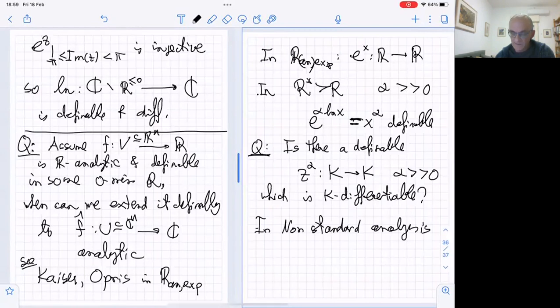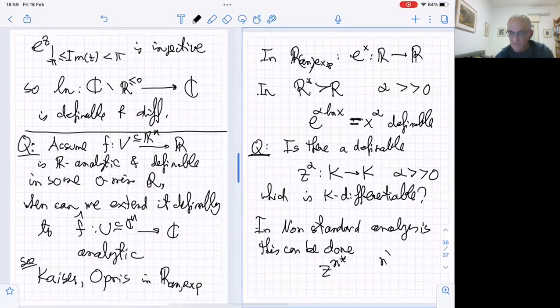This can be done, but this will be a model which will also have the integers in it, and we get z to the n star, for n star infinite, because all the powers were differentiable.